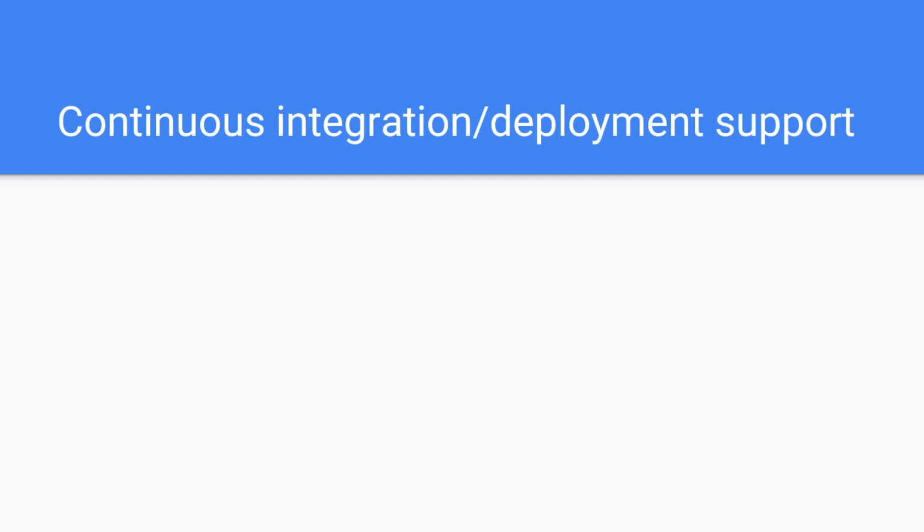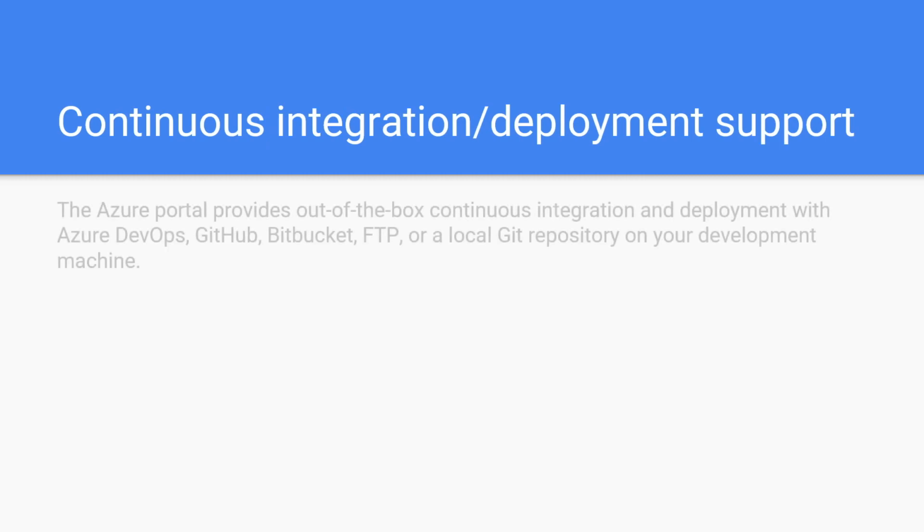Now, another feature is CI/CD, Continuous Integration and Deployment support. The Azure portal provides out-of-the-box continuous integration and deployment with Azure DevOps, GitHub, Bitbucket, FTP, or a local Git repository on your development machine.